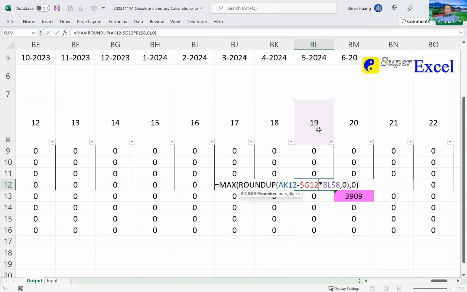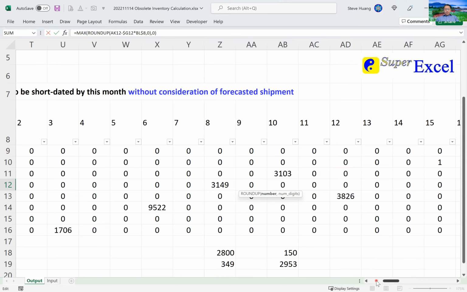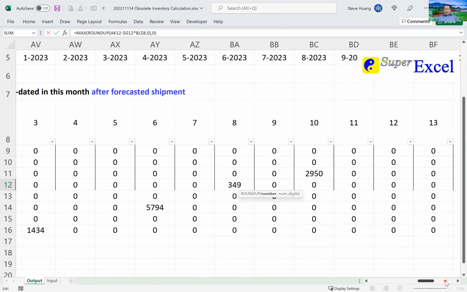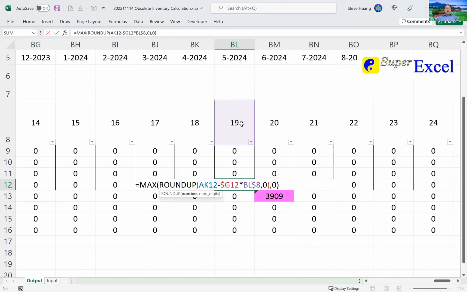So the G12 is the monthly forecast of 350 and times this 19 months. That's how much we will ship in 19 months. Then we'll compare the two to see if we have anything left over.